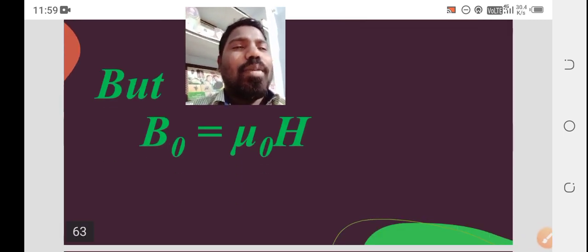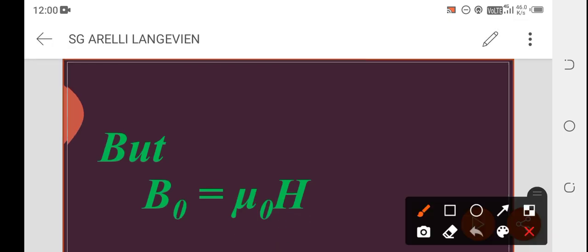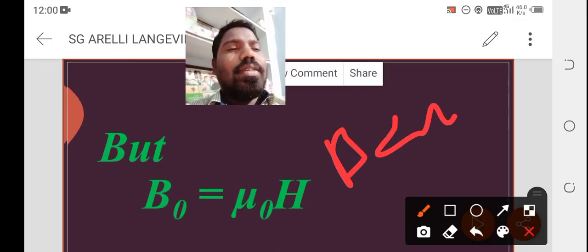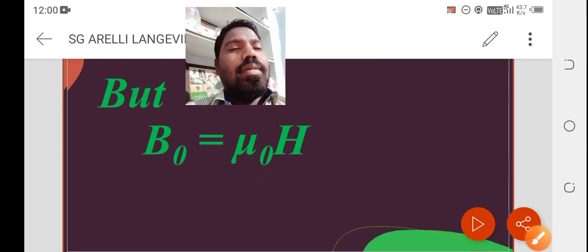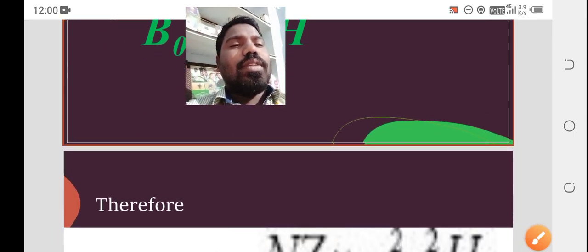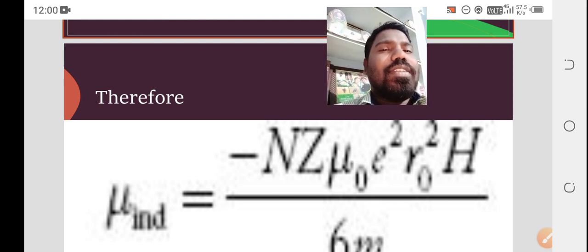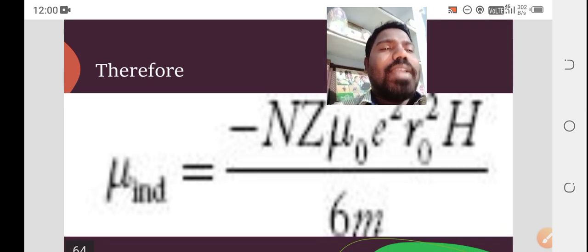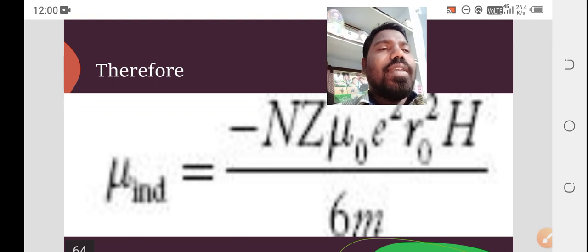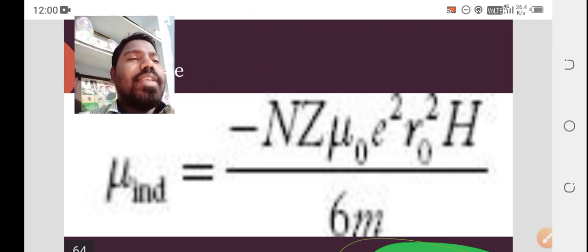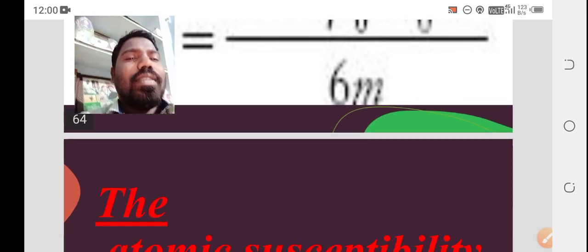B is proportional to H, so B naught is mu naught H. Therefore, you replace the value of B naught, which gives minus nZ mu naught H e square r naught square by 6m.